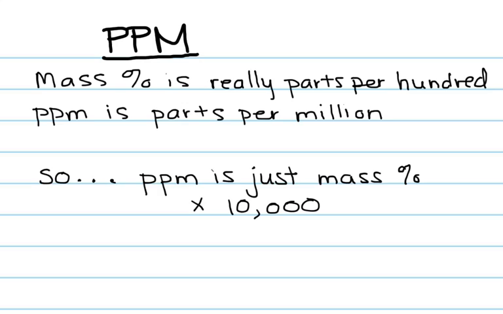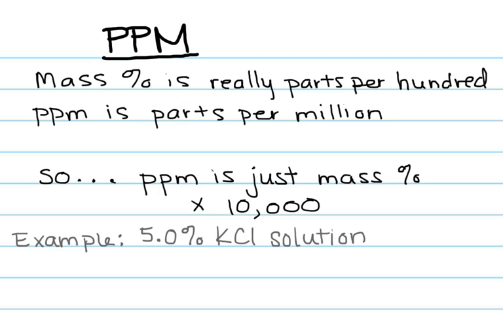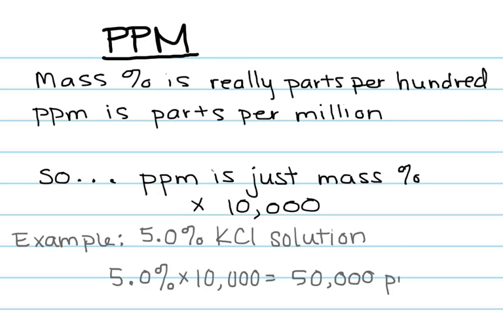For example, from the last problem, we had a 5% solution. If we wanted to find out how many parts per million that was, we would just take 5% times 10,000 equals 50,000. 50,000 ppm. Super easy. So that's it for concentration calculations.